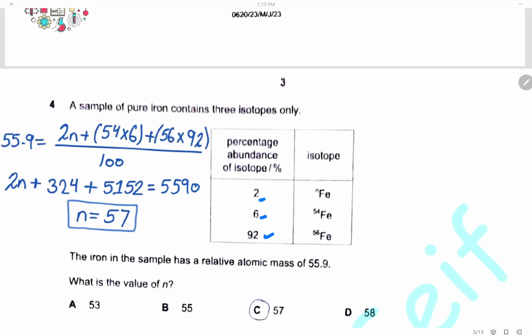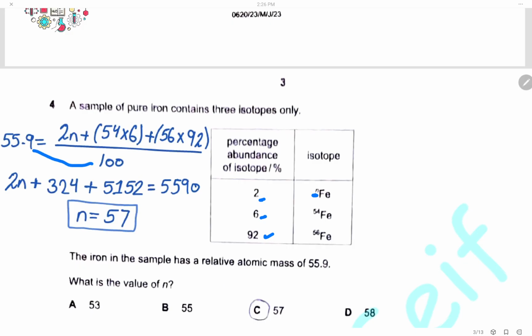So to calculate the relative atomic mass, we will multiply the mass of each isotope by its percentage, add them together, and divide by 100. Here it is already given the relative atomic mass for iron, which is 55.9. So 55.9 equals the mass of the first isotope, which is N, times the percentage, plus the mass times the percentage of the second isotope, plus the mass times the percentage of the third isotope, all divided by 100.